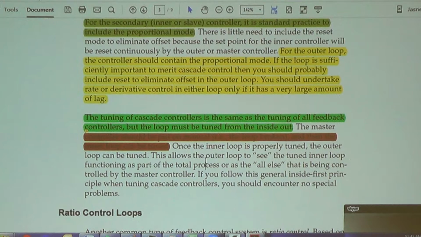If it is in manual, when you're trying to tune your outer loop, you cannot predict the changes of your inner loop. So your outer loop tuning would always be wrong. Okay?